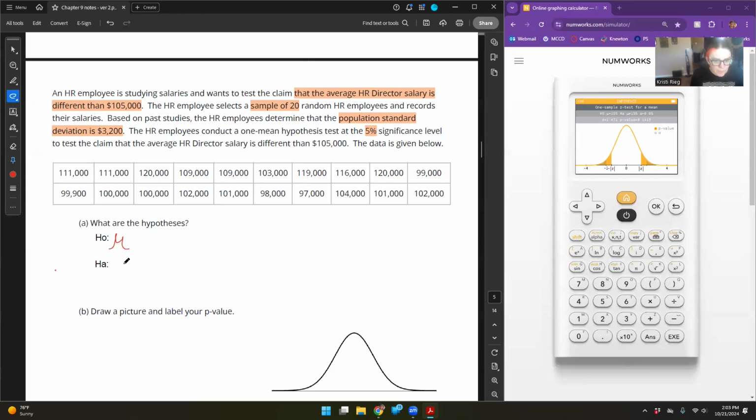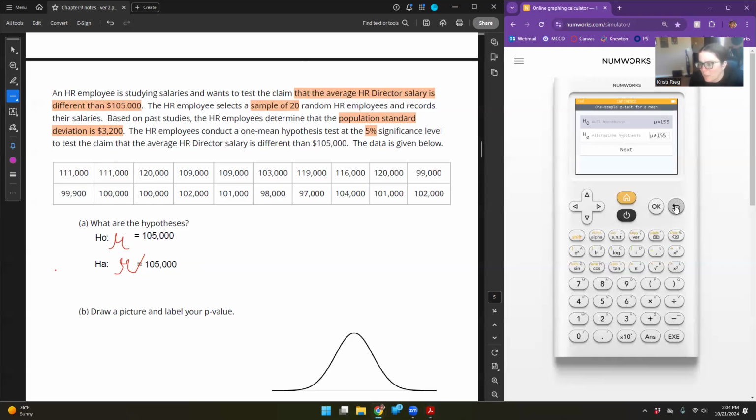And we are talking about different than, so we are back into our equals versus not equals. You could put it with a comma or without a comma, it doesn't matter. And just as a reminder, put your not equals on the alternative. Oh, it's attached to the mean. Okay, we're not going to be that picky. And so we're going to our calculator.